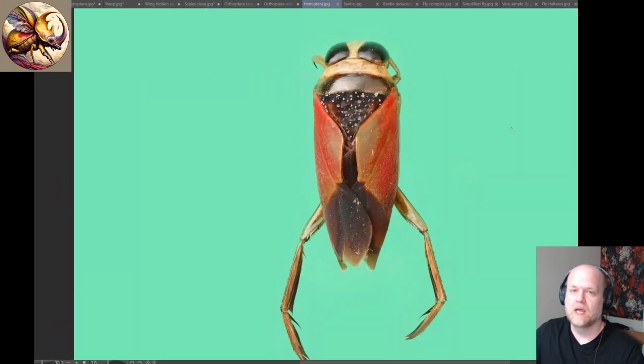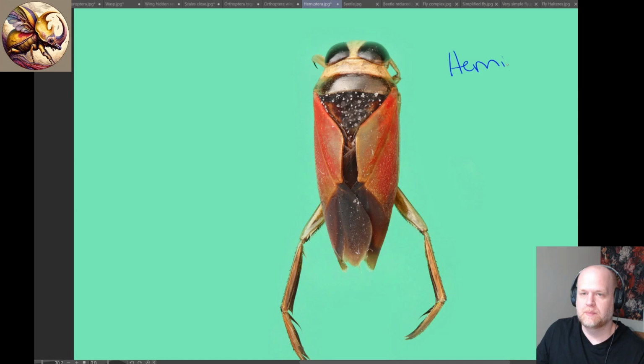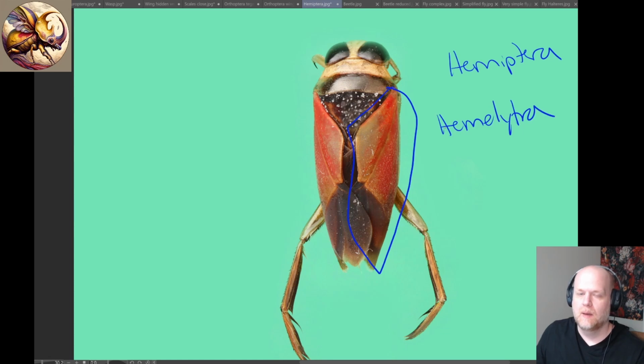Other variations of protective shell-like outer wings. This is an example of the Hemiptera. These are the true bugs. And in the Hemiptera, their forewing is called the hemelytra. And again, it's a very leathery, almost shell-like structure.